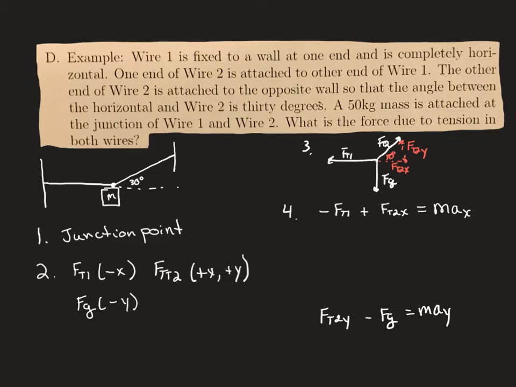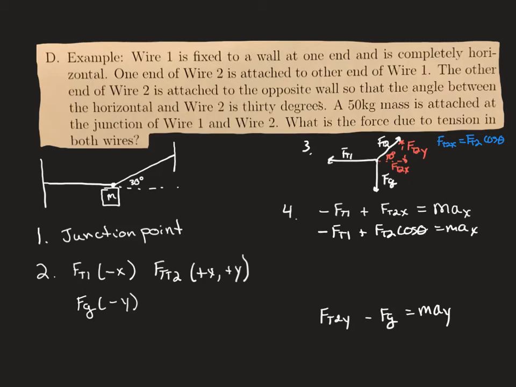And I can insert this using trig functions. Remember that the force of tension 2 in the x is equal to force of tension 2, because the hypotenuse is always the magnitude of the vector, times the cosine of theta, because the x component is adjacent to the angle provided. So we can rewrite this down here as the force of tension 2 times the cosine of theta.